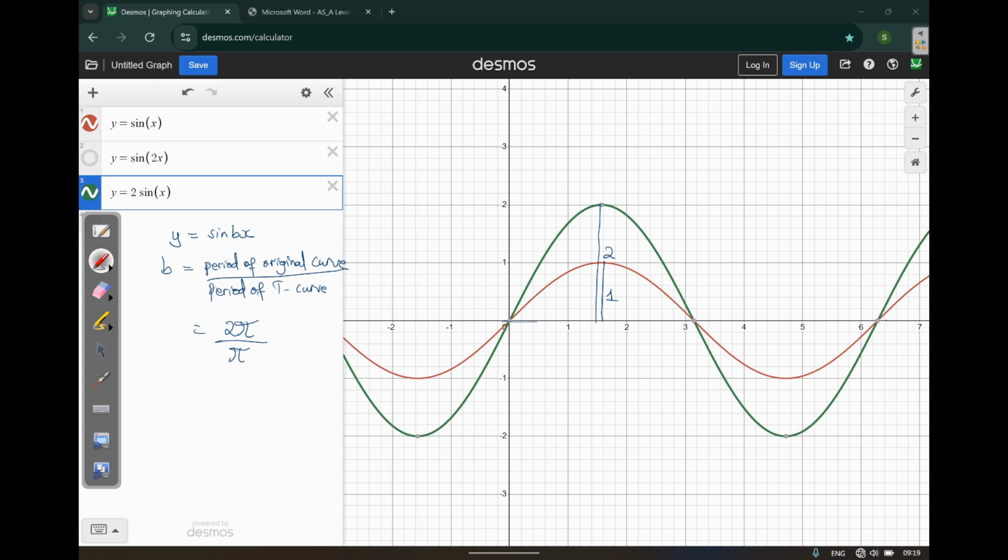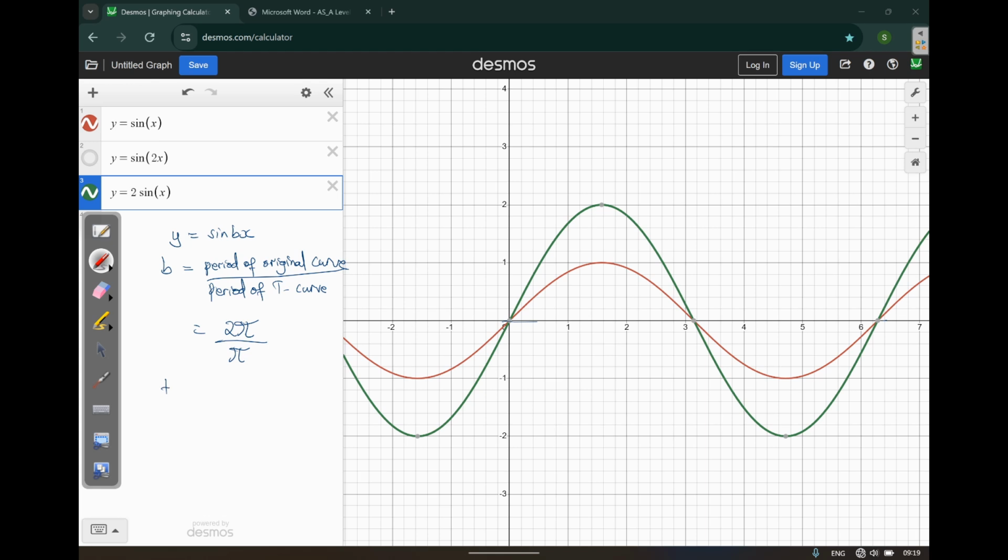So what we have multiplied with here is actually the amplitude. So the stretch in the y direction is the amplitude.